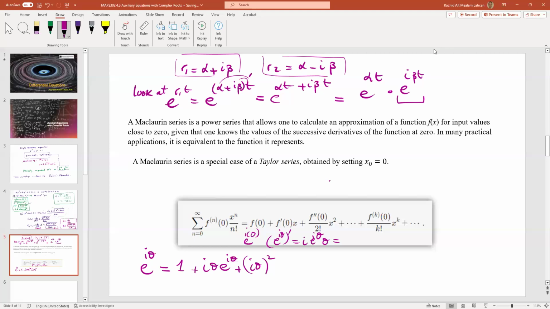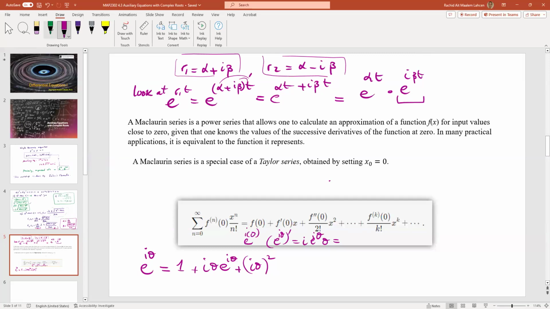Let's stop here. Because we're doing the Maclaurin series for it, at 0 this is going to be 1, and it's going to be 1 throughout.